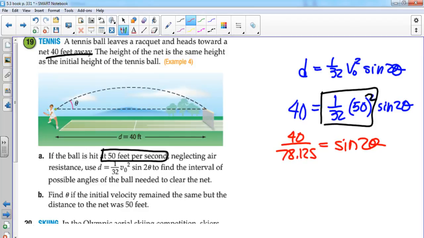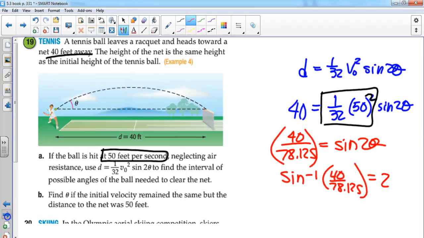Okay? Now we need to do inverse sine to find the angle, and we're going to ignore the 2 theta for just a second. Does anybody have a little alarm that goes off in their head when you do second sine?